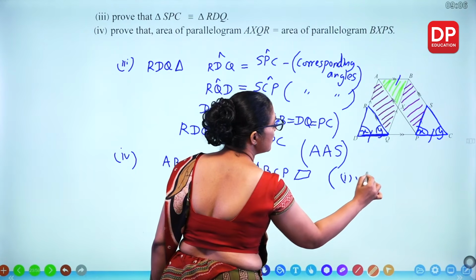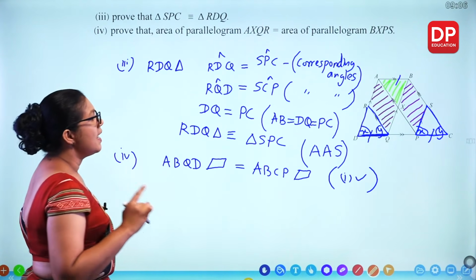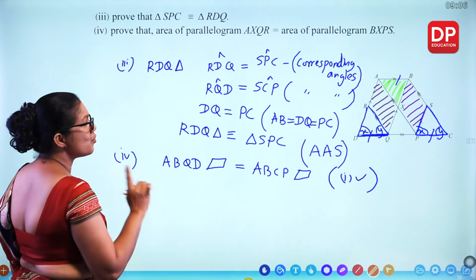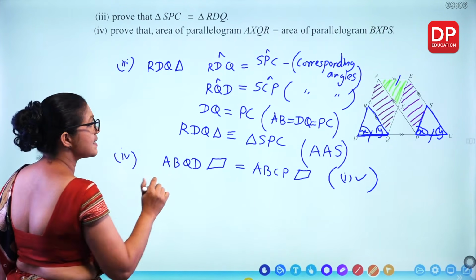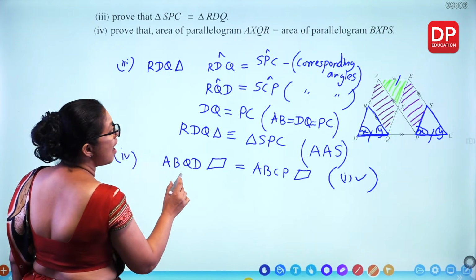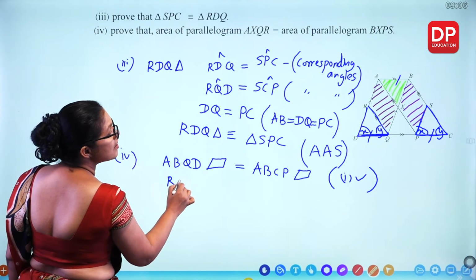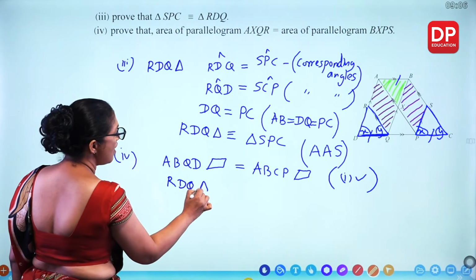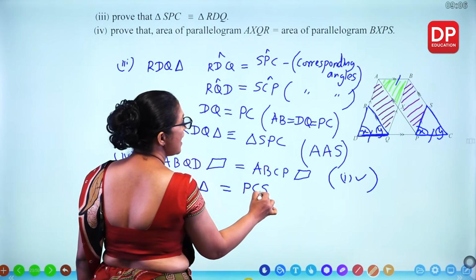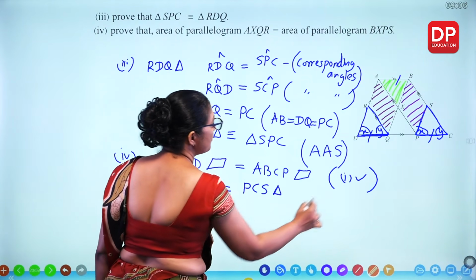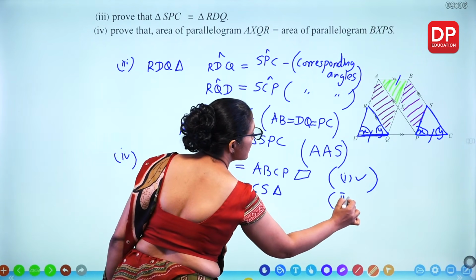Part 1 completed. And then from part 2, if these two triangles are congruent, we can say the area of RDQ is the same as the area of PCS. That's from the second part.